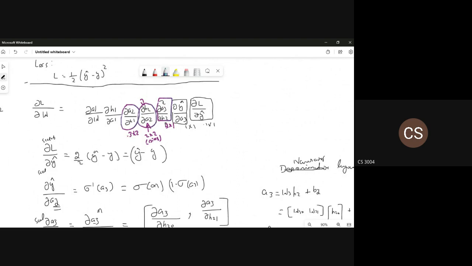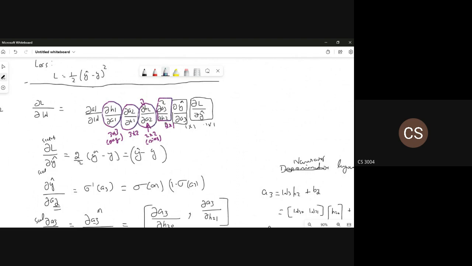It's a 3 by 2 matrix. And for this, what will be the dimension? Can you guess quickly by comparing this one and this one? H1 is of size 3 and A1 is also of size 3, so it is going to be 3 by 3. Again, it's a diagonal matrix, because it's going through the activation function.